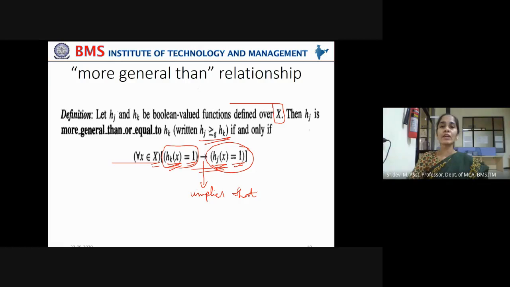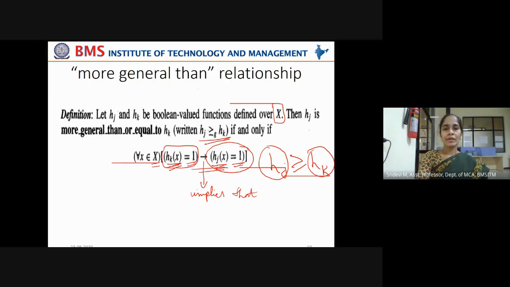Because that is the more general representation. Okay, so this is the most essential representation in this case. Hj is more general than Hk. So all instances that are applicable by Hk are also applicable by Hj. Got it? This is the definition for the more general than relationship.